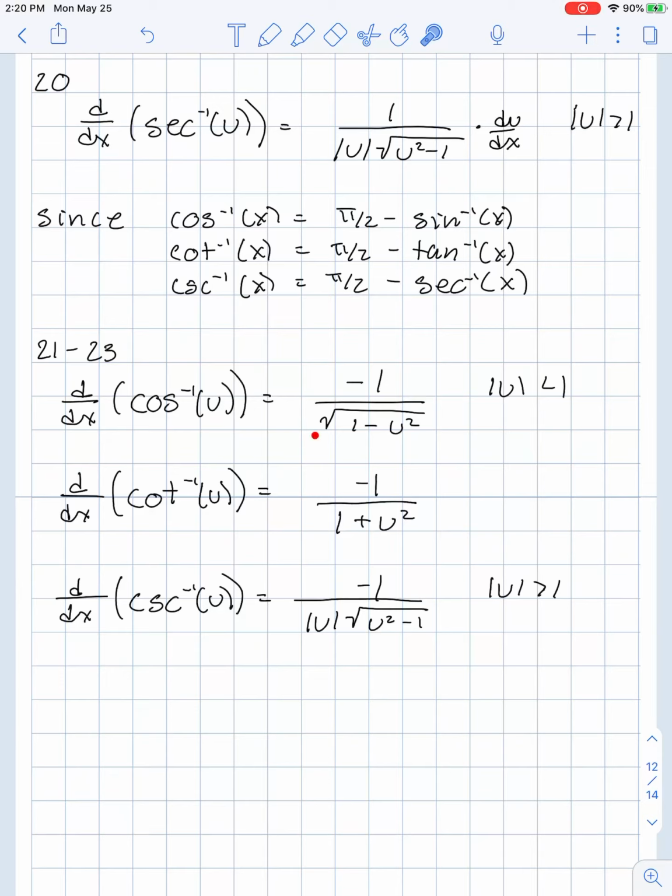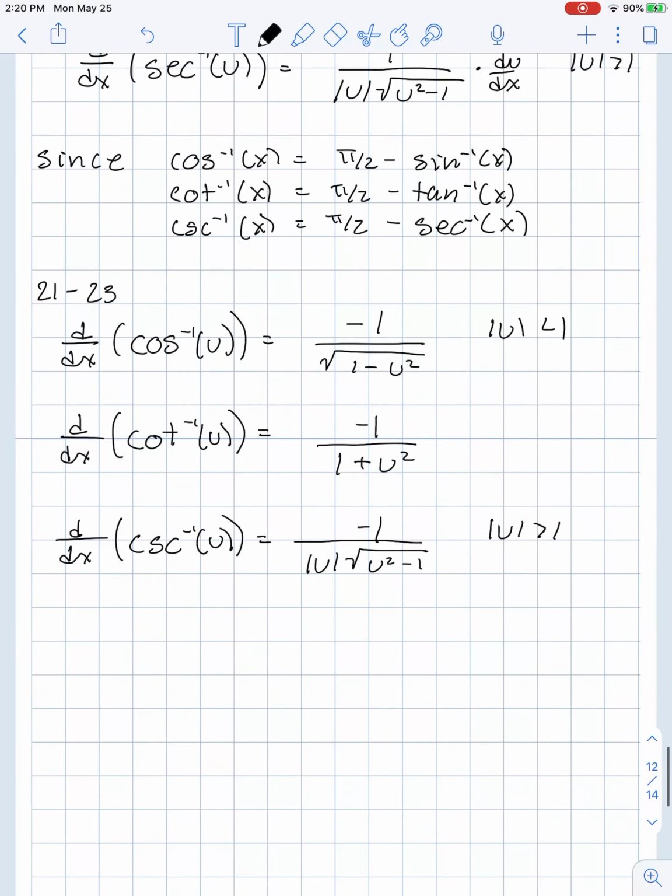So those s's have a subtraction and a square root. All right, so those are just little ways to remember it.